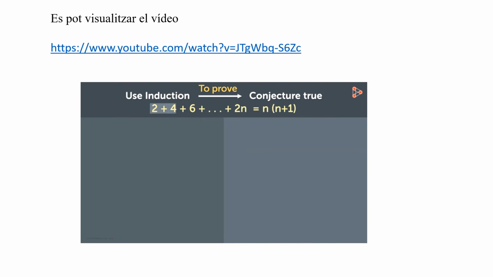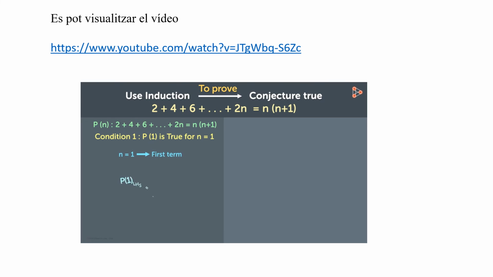2 plus 4 plus 6 up to 2n is equal to n multiplied by n plus 1. Let this be P of n. Now we will check the first condition. When n is 1, P of 1 has to be true. Let's look at the left-hand side first. When n is 1, we will just consider the first term.